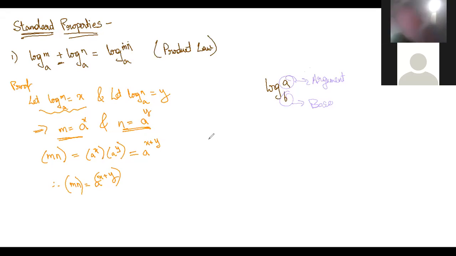Did you understand the question? Yes, sir. Okay, so can you try to answer? How do I write this expression in terms of a logarithm?